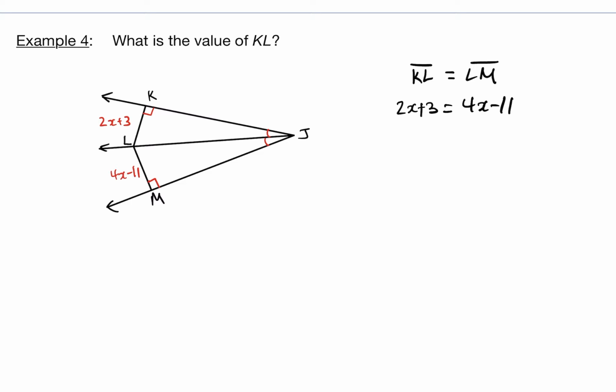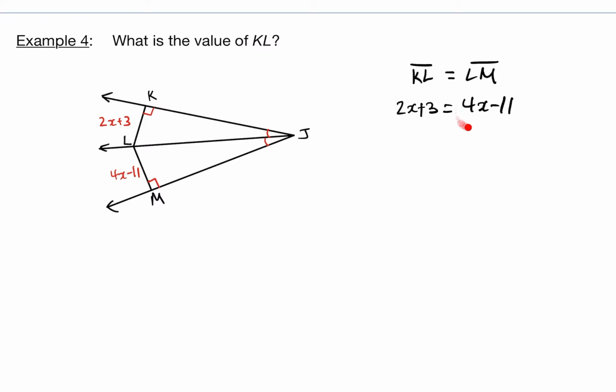Some of you may be asking at this point, how do you know which way to move, what to move? The way I would explain this is we have a 2x here and a 4x here. We want to move one of those so that I end up having a positive x. If I move 2x over to this side of the equation, then when I subtract it, it's going to be a positive number.